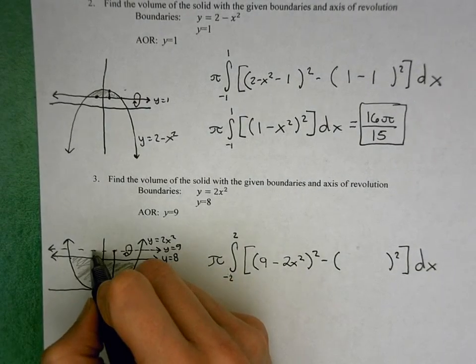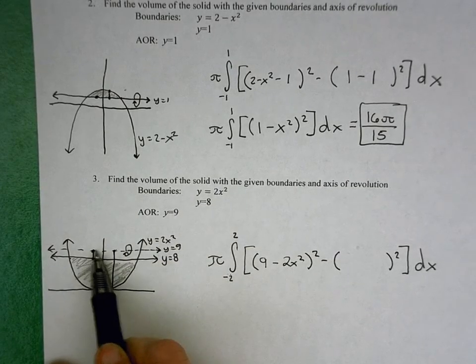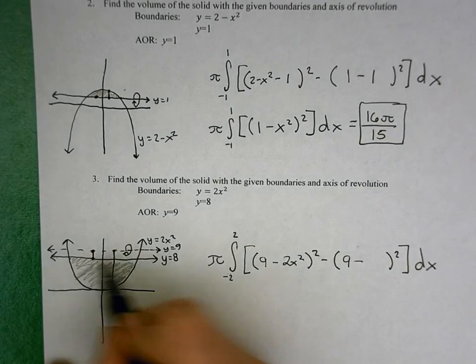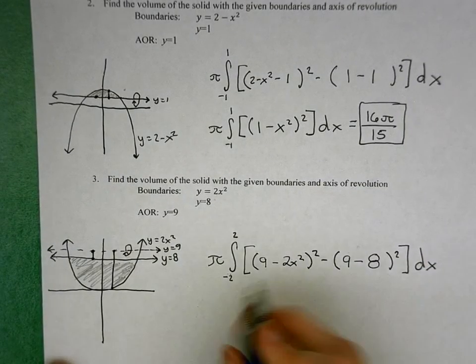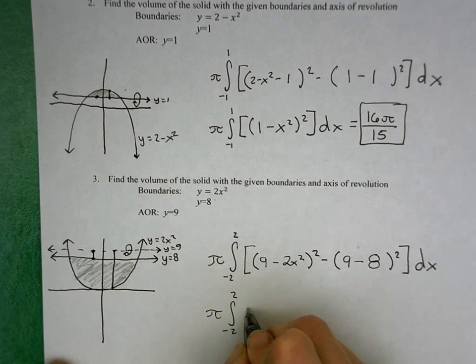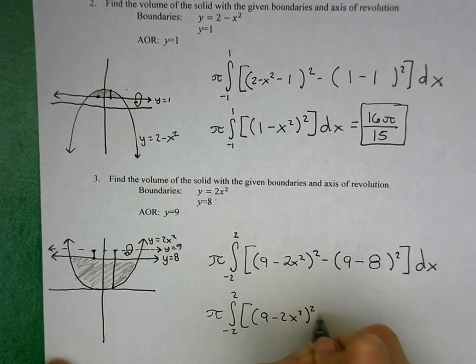My small r is the distance from the axis of revolution to the closest point. And so my upper is here on y equals 9, and my lower is on y equals 8, which is 1. So the integral from -2 to 2 of 9 minus 2x squared, quantity squared, minus 1.